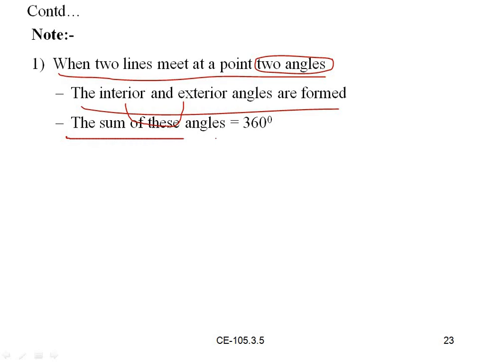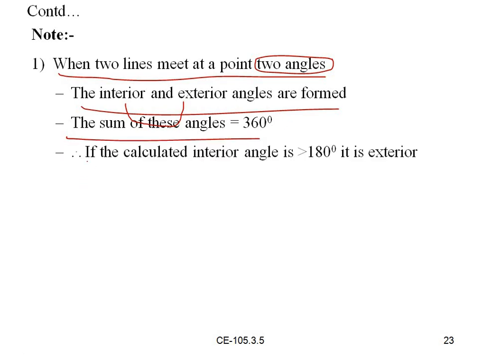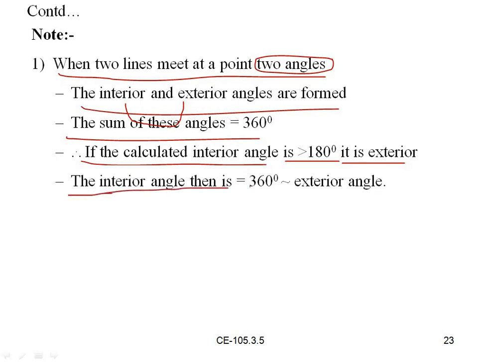So the sum of these angles is equal to 360 degrees. If the calculated interior angle is greater than 180 degrees, it is called exterior. And the interior angle then is 360 degrees minus exterior angle.